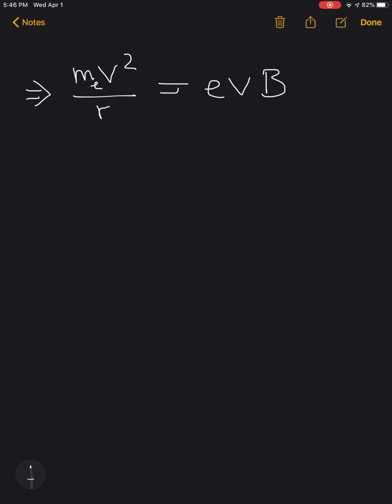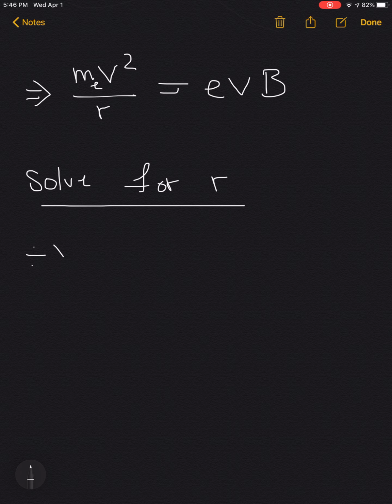So we have this equation, and we want to solve this for r, the radius. If we want to get r by itself, let's do the easy thing. Let's divide by v on both sides, because there is a v common to both sides. So we've got mv, I'll just drop the e subscript for right now, divided by r is equal to e times B. Now we want to get r by itself, so we essentially can just flip these equations upside down, but I'm just going to show you how that's done.